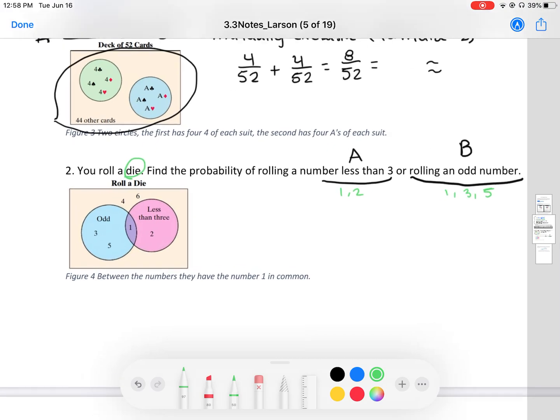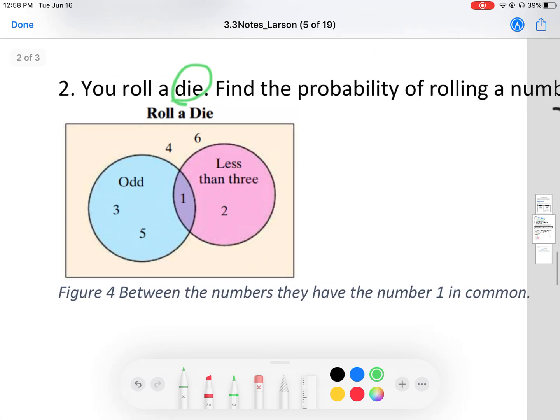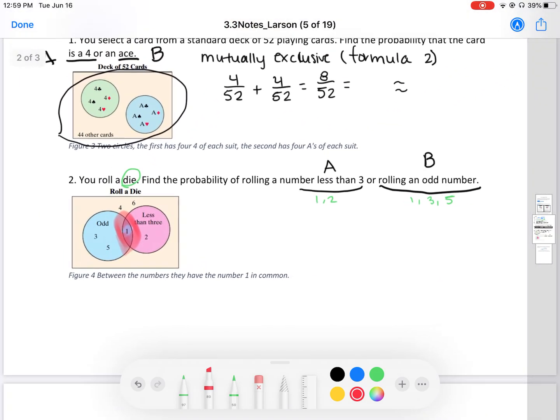Here we can see a picture, and we see that of odd numbers, we have the numbers 1, 3, and 5, and less than 3 are numbers 1 and 2, and we see that they have this 1 in common, right? So here in this problem, we see that they're not mutually exclusive.